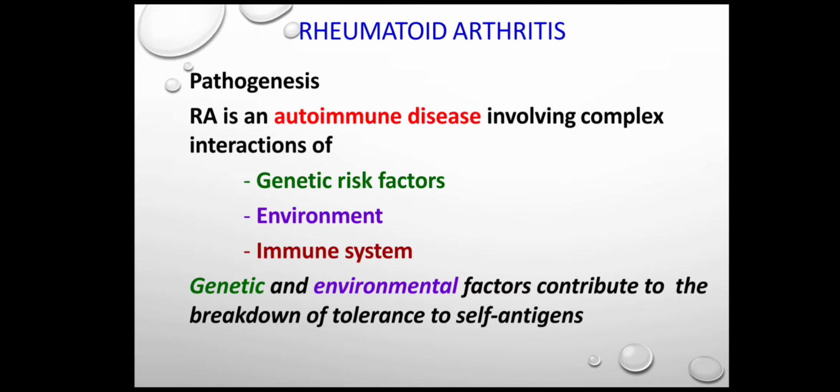What is tolerance? Tolerance means unresponsiveness. So if you go back to autoimmunity, basically the T lymphocytes and B lymphocytes play a major role. Few immature lymphocytes recognize self antigen in the central lymphoid organs, and few mature lymphocytes recognize self antigen in peripheral tissues.